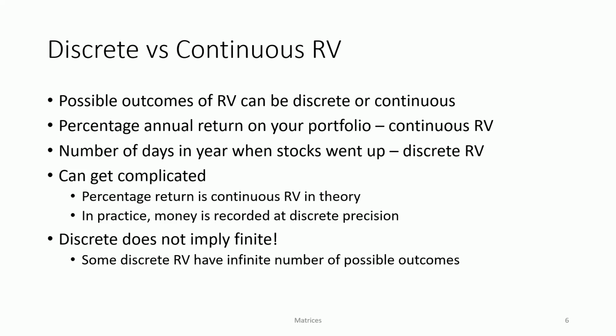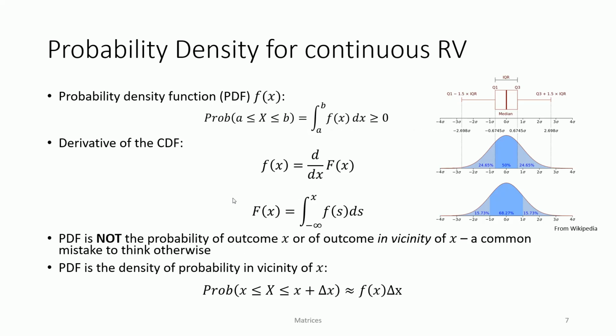Or a month, or a day of a month, which is finite, 1 to 31. So we tend to get confused and think that discrete is finite, because all these examples are finite. But some discrete random variables have an infinite number of possible outcomes, right? And we will talk about them in a few slides.